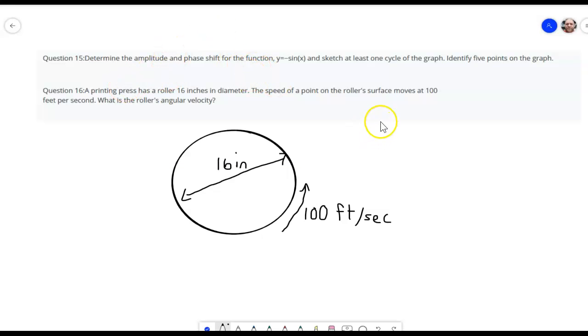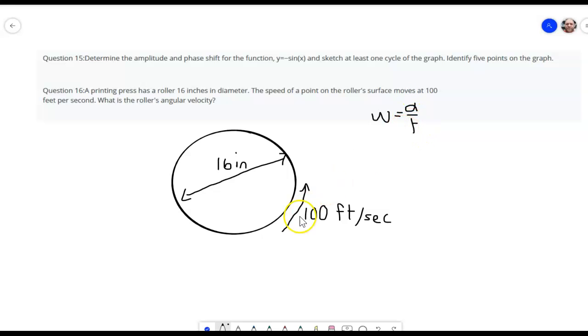All right. So the angular velocity, and the formula for the angular velocity is this. The angular velocity is equal to the angle over the time.